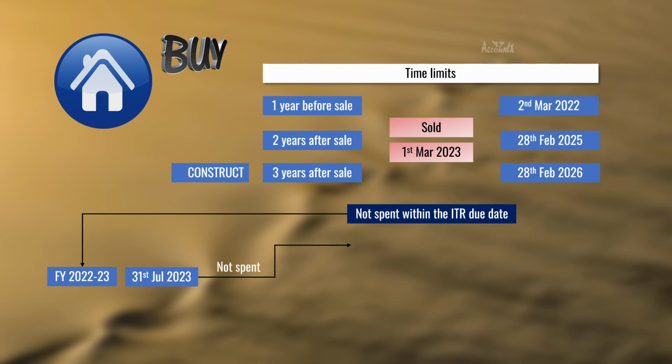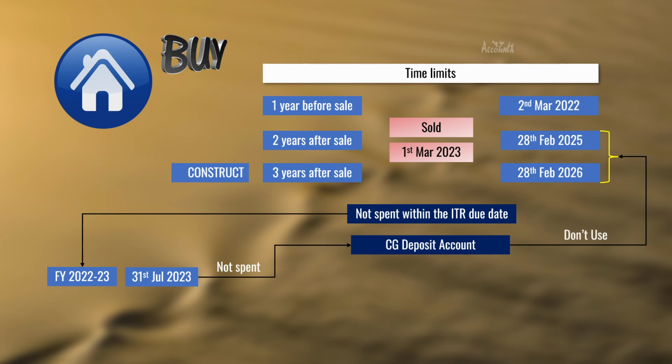So if you either don't buy the new house or don't spend money within this time limit, then you have to open something called a capital gain deposit account. You can use this deposit to fund the purchase or construction of your house within the time limits. If you don't use it within these time limits, then you would be required to pay tax on it.